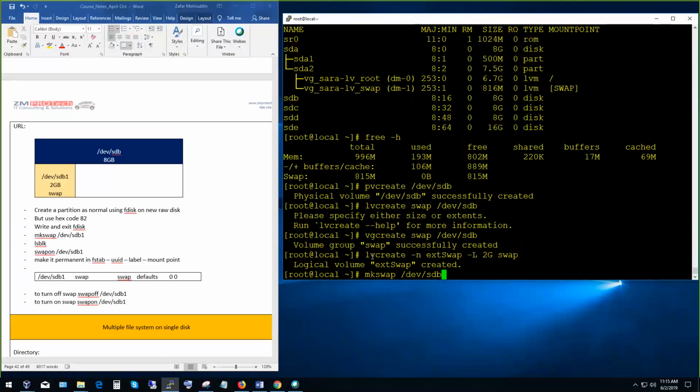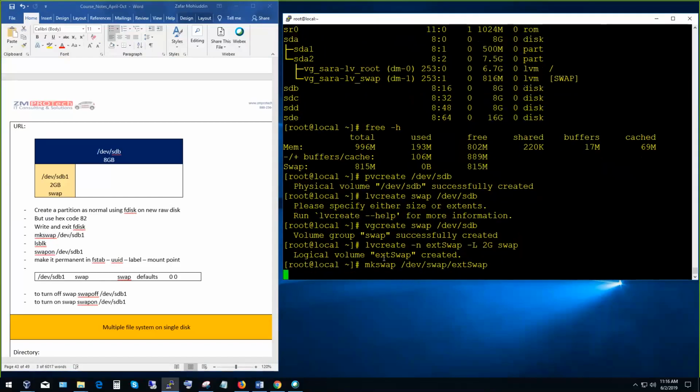So we have to give the volume group name, and then the name of the swap, ext swap. Right now what we did was we gave the partition information here, but here we have to replace that with the volume information, LVM information. Okay, hit enter.